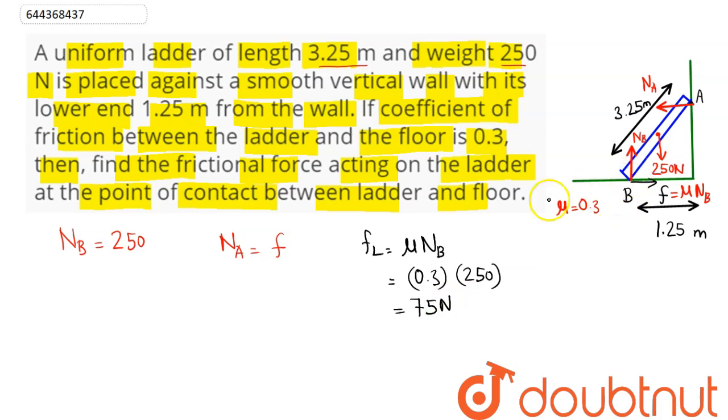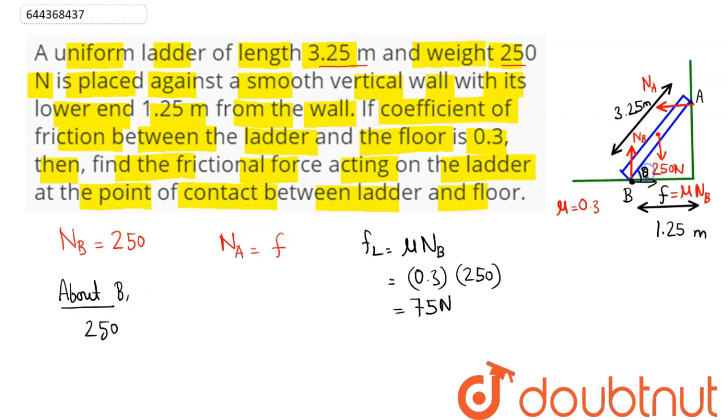Now if we apply rotational equilibrium about point B, we can say that the net torque is 0. So the torque of this 250 Newton will be 250 into this perpendicular distance.